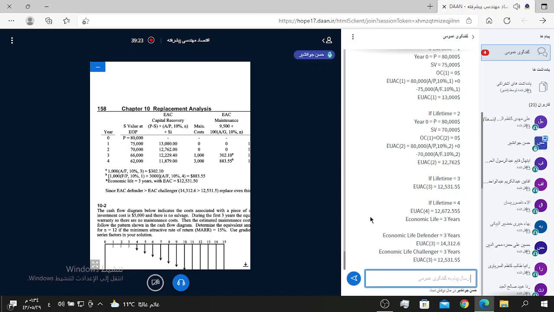In economic lifetime, UAC3, we replace the oven this year.